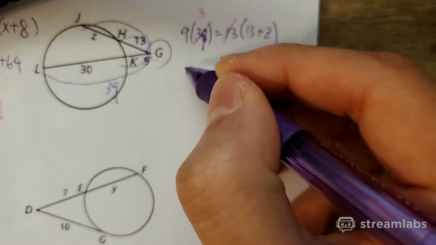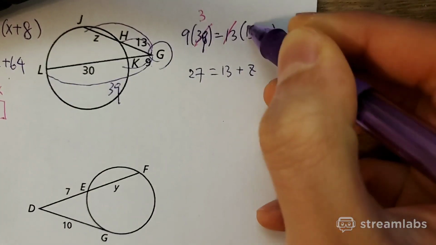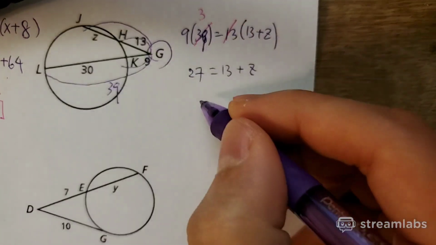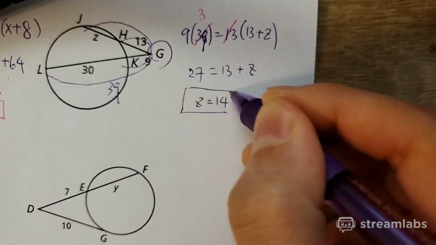So then 27 is equal to 13 plus z, right? Because you cancel that out. So then 9 times 3 is 27, right? So z is 14. Okay.